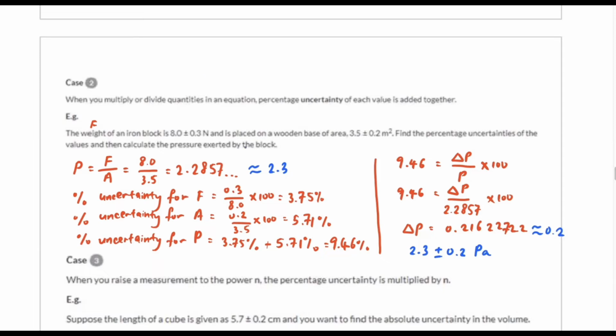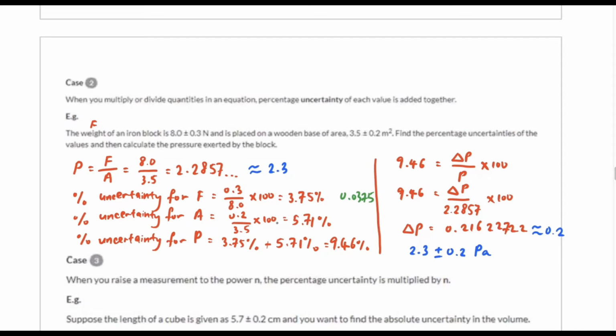Something like this. Okay, let's say I put it in green color. If you are using fractional uncertainty, you don't times 100. So you just take 0.3 divided by 8. 0.3 divided by 8, you get 0.0375 as the fractional uncertainty.